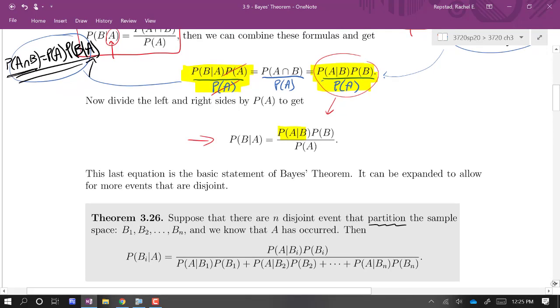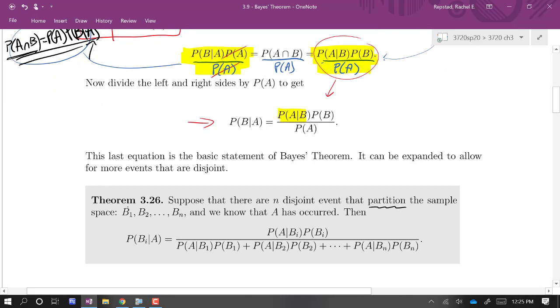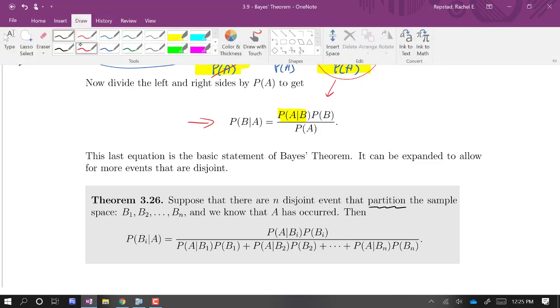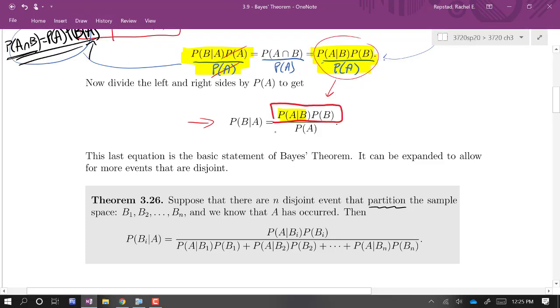Then the probability of B_i, given that A has occurred, if we know that A has occurred, we find this conditional probability by taking, the top looks the way it should, the probability of A given that B_i has occurred times the probability of B_i. So far, that looks just like we see up here.